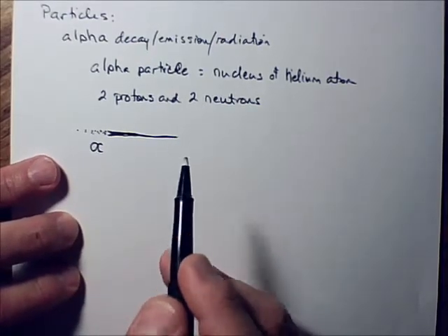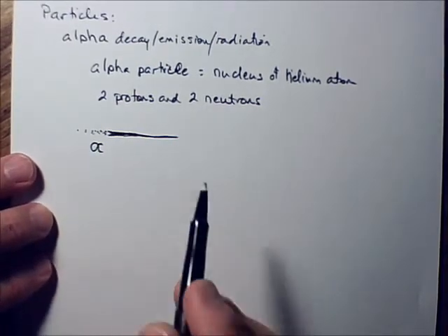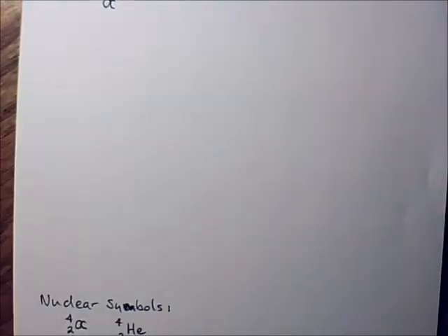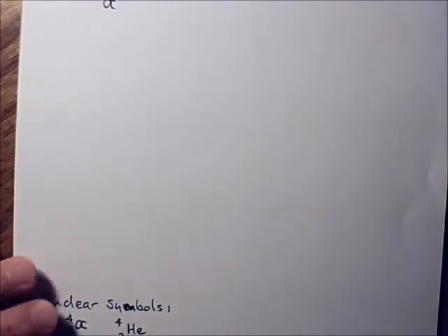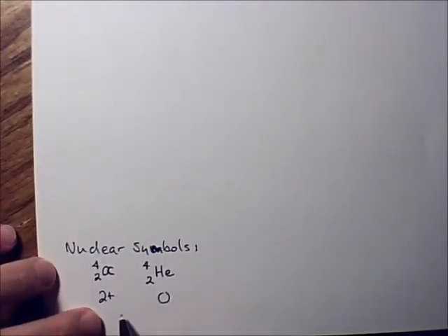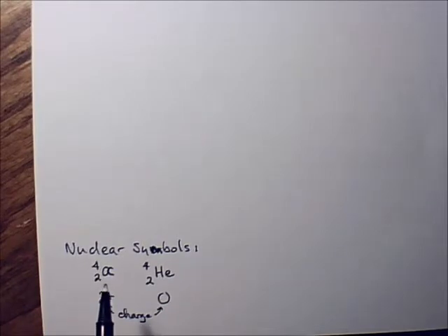But the alpha particle doesn't have any electrons. So this has a 2+ charge. A helium atom has no charge. Oh, sorry. 2+ charge and no charge, for an alpha particle. Got it? You with me?